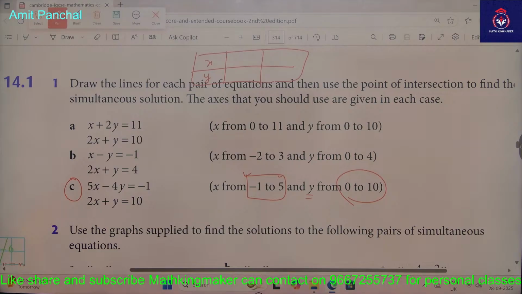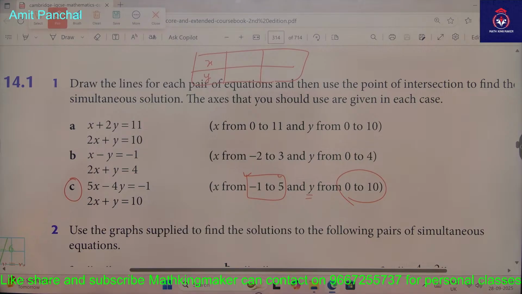What happens if x is -1? Wait, no, -5. Okay, that will be in decimal. If you put x as 0, that will also be in decimal.